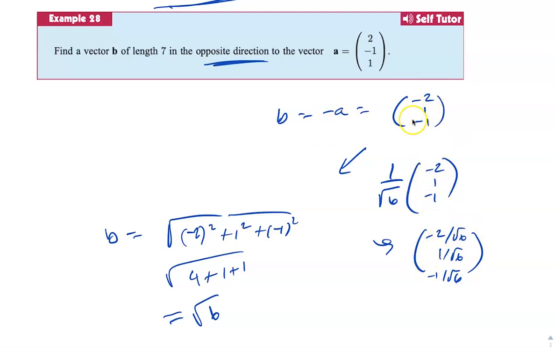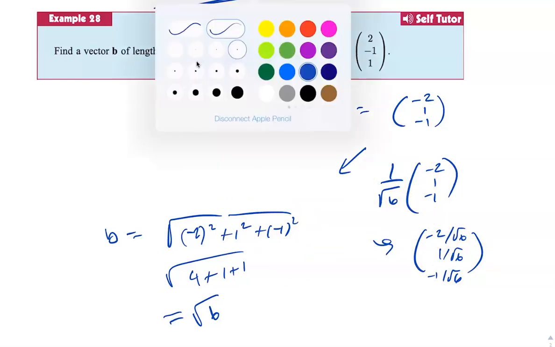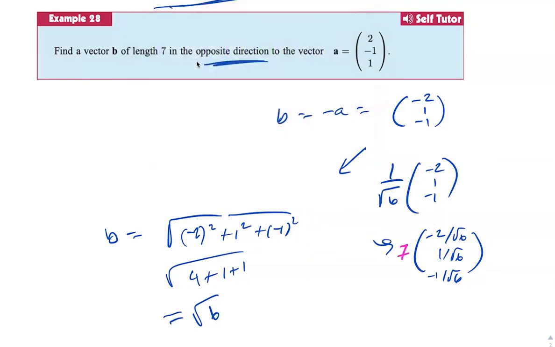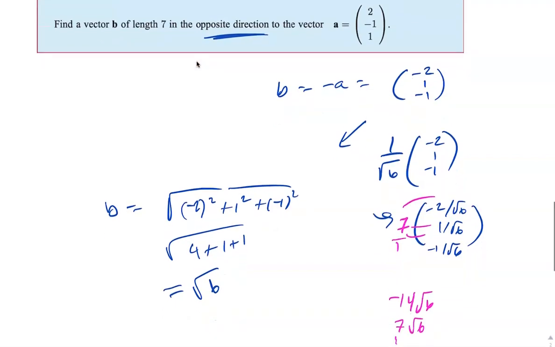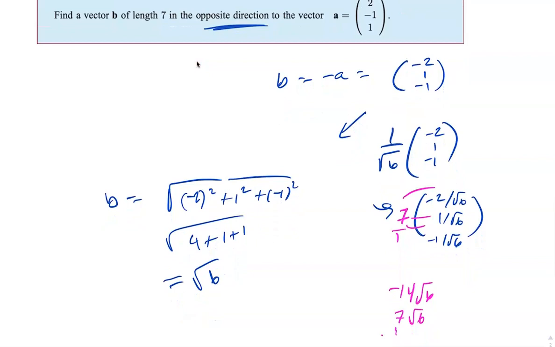We found the length of this was rad 6, I divided by rad 6, and it has a value of 1. I want a value of 7, so that's simple. Multiply everything by 7. Distribute. Remember it's like 7 over 1, so I get negative 14 over rad 6, 7 over rad 6, and negative 7 over rad 6, is what I meant to say. And that is a vector in the opposite direction of a with the value of 7.